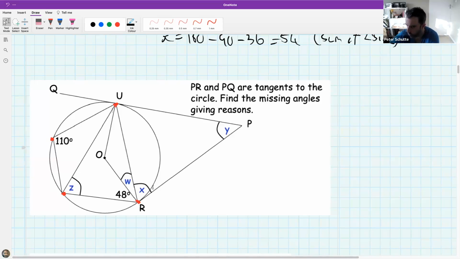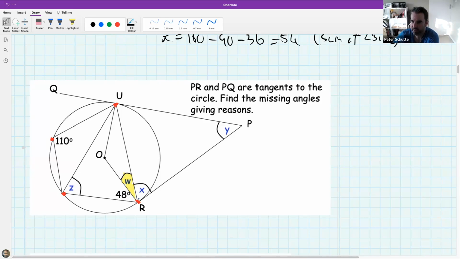What do we know about cyclic quads? See if you can figure out what W is.